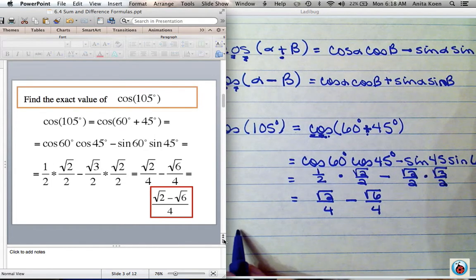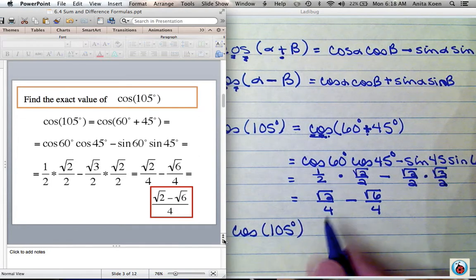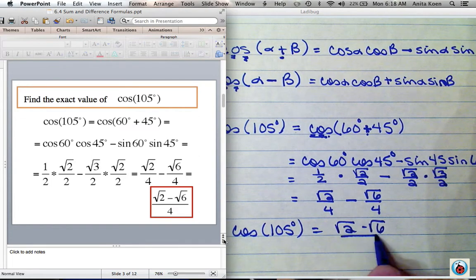So I've got the cosine of 105 degrees is equal to the square root of 2 minus the square root of 6, all divided by 4. Okay, easy enough. It's just a matter of taking our angle, breaking it down into two angles that are on our unit circle, and using our formula to find the exact value.